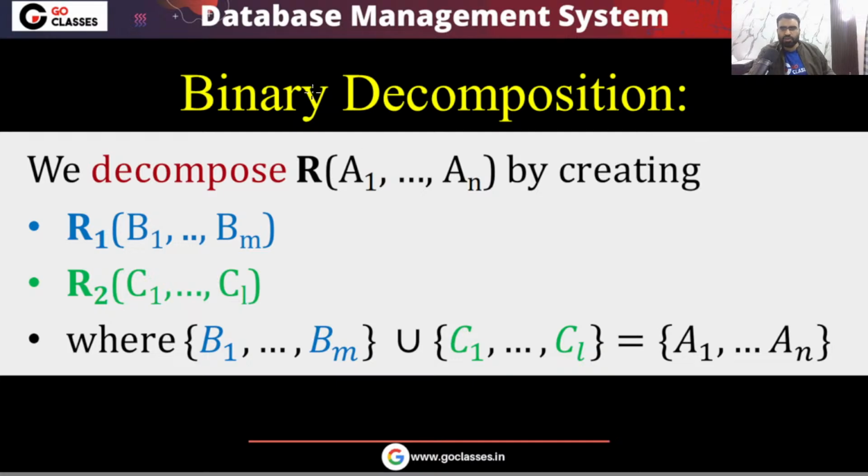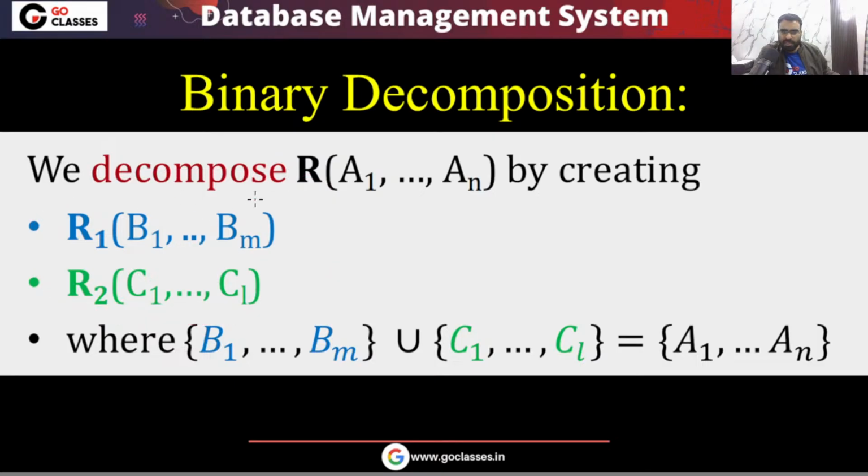Now let's see the definition of binary decomposition. The name itself is telling you: binary decomposition means decomposition of a relation into two sub-relations. We are decomposing our relation R into two sub-relations, not 3, not 4. We replace this relation R using two sub-relations.